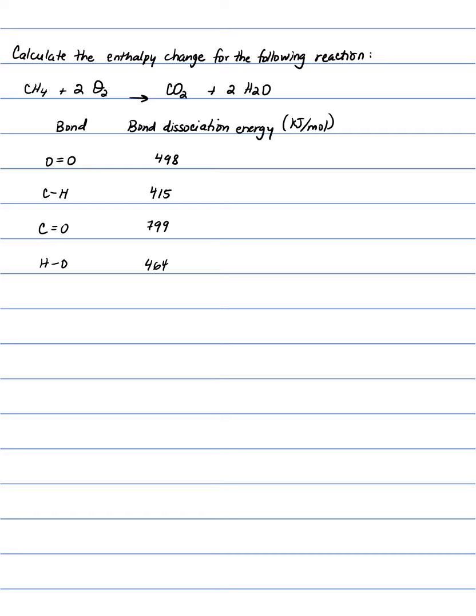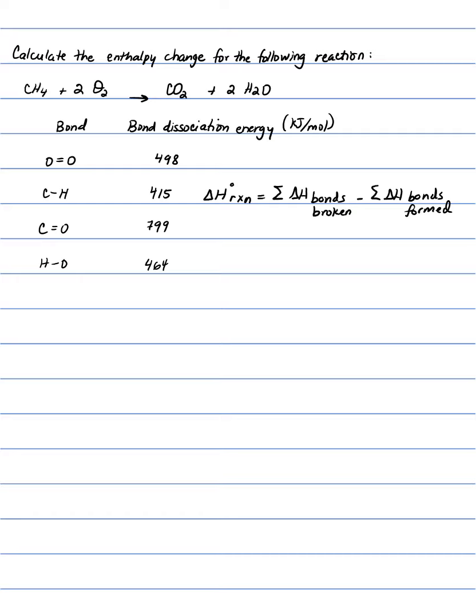So I'm going to write down the equation that we need first for the reaction, and this will be the sum of the bond enthalpies of the bonds that are being broken on the reactant side, minus the sum of the enthalpy change for the bonds that are being formed on the product side.